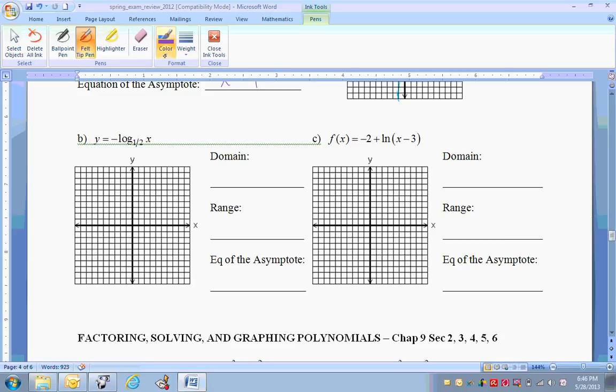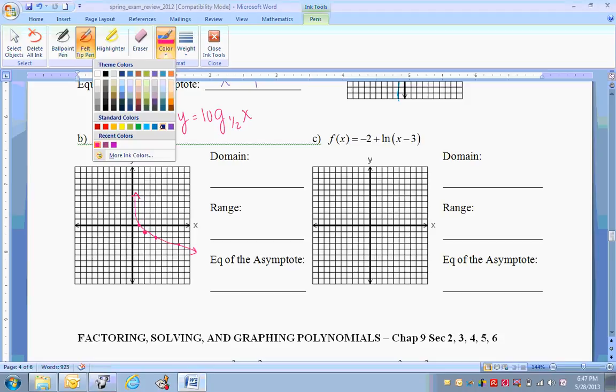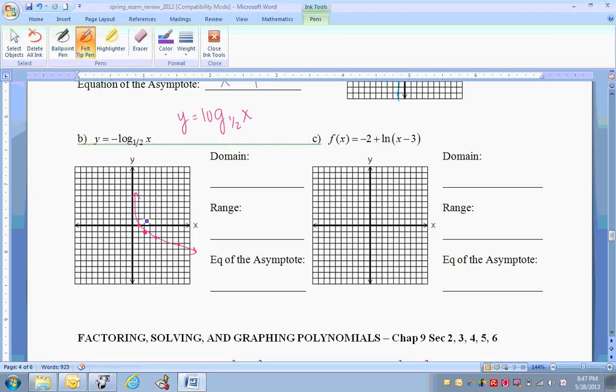Okay, so the parent function for this equation is y equals log base 1/2 of x, and let's go ahead and graph those parent points. Okay, and this negative out front means I'm reflecting across the x-axis. So I need to take each point and reflect it across the x-axis.